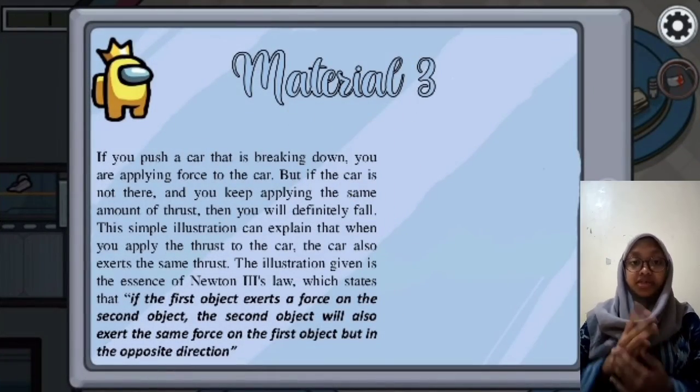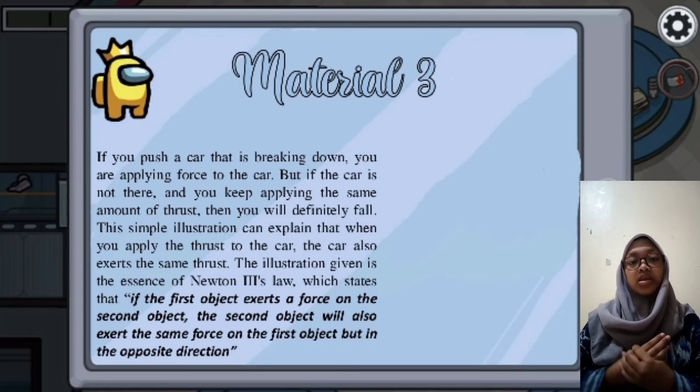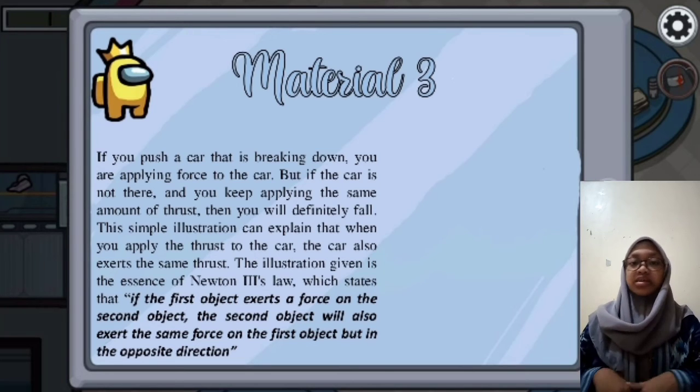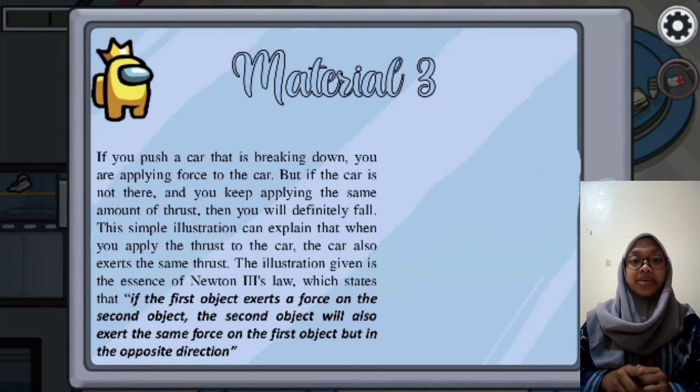Okay, material 3, Newton's third law. If you push a car that is broken down, you are applying force to the car. But if the car is not there, and you keep applying the same amount of thrust, then you will definitely fall. This simple illustration explains that when you apply a thrust to the car, the car also exerts the same thrust.